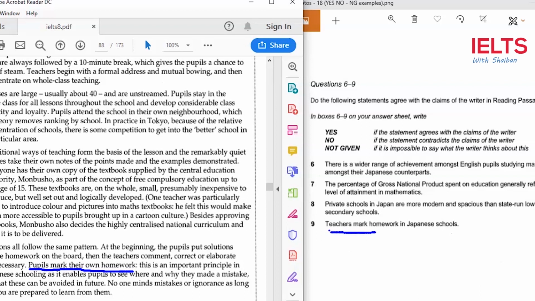So this is opposite. So in paragraph D, we have pupils mark their own homework. Then he said teachers mark homework. So this is a no. So sorry for this. So we have a no. So number 9 is a no. The answer is no.